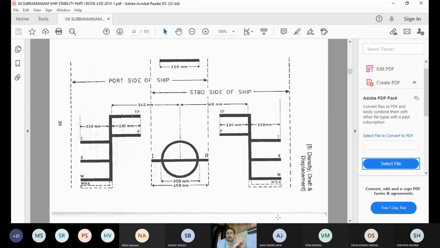So, if I'm going from fresh, that means from Haldia to Chennai, and I want to arrive at Chennai at the summer mark, how much should I load at Haldia?